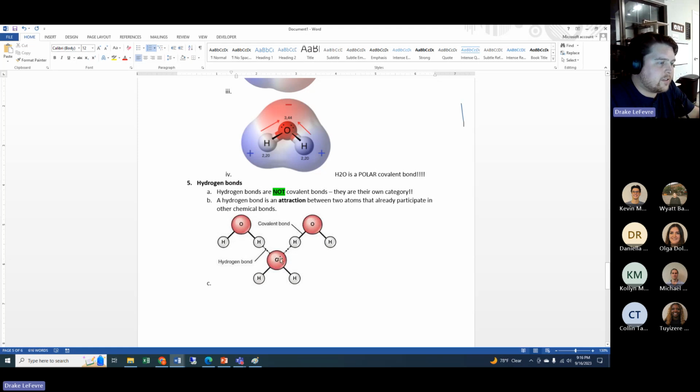So the positive forms this hydrogen bond with the negative part of the other oxygen molecule close by it. And that's what a hydrogen bond is. It's called a hydrogen bond because, at least in what we'll talk about, it's essentially exclusively when a hydrogen that is in some sort of polar molecule is going to bind to another polar molecule.